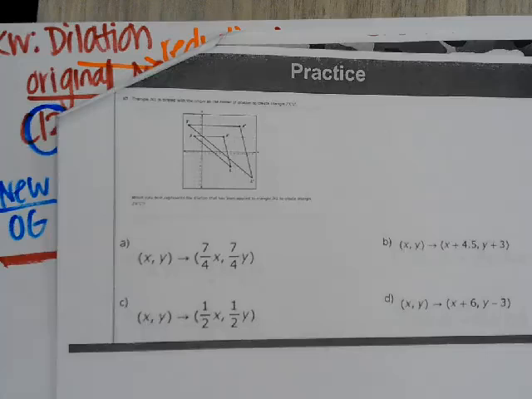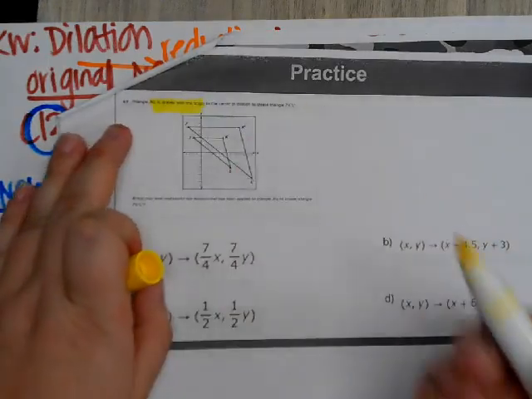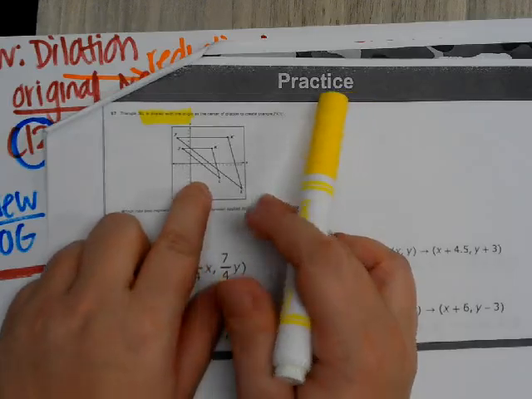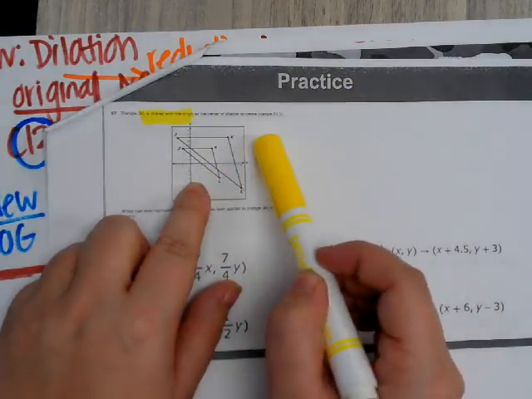Okay, let's look at the next one. It says triangle JKL is dilated with the origin as the center to create triangle J'K'L'. Which rule best represents the dilation that has been applied from JKL to create the new triangle J'K'L'? Okay, so if I look at my picture, I know that it's an enlargement, correct?